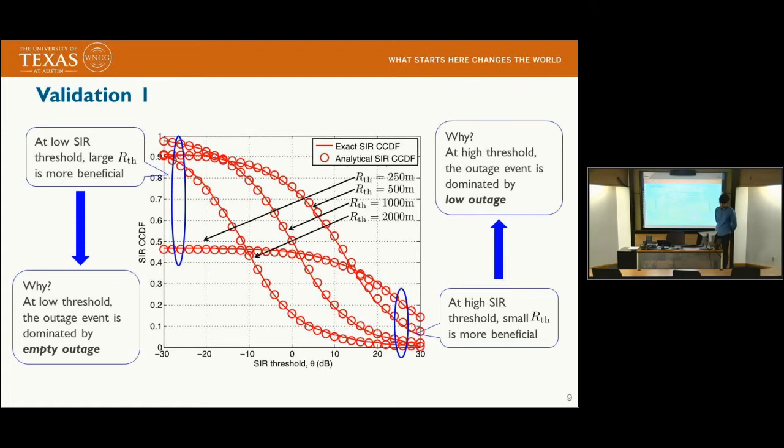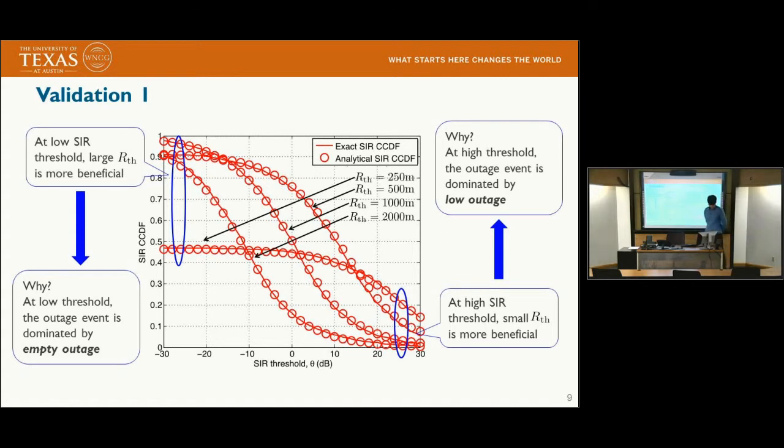Here we provide the validations, and we observe that our analysis is quite exact with the simulation result. One interesting point in the graph is that depending on the SIR, the dominant outage event is different. For example, at the low SIR region, the large threshold is more beneficial, as you see.